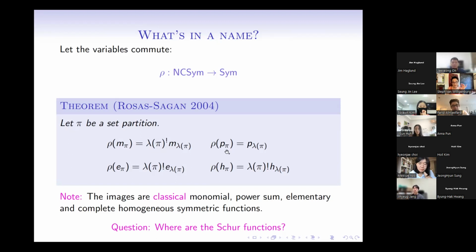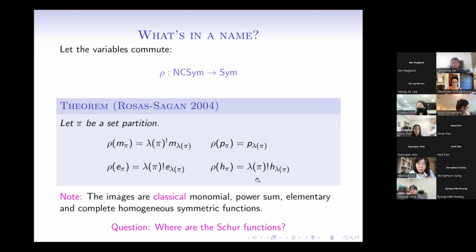Similarly, if you take your power sum symmetric functions in non-commuting variables and let the variables commute, you get the classical power sum symmetric functions. If you take your elementary symmetric functions in non-commuting variables and let the variables commute, you get your classical elementary symmetric functions along with a coefficient. And similarly, if you take your complete homogeneous symmetric functions in non-commuting variables and let the variables commute, you get the classical complete homogeneous symmetric functions along with a coefficient.